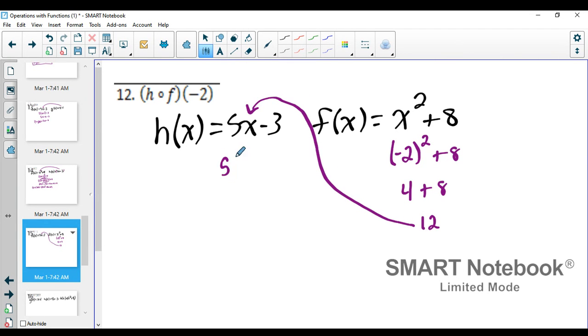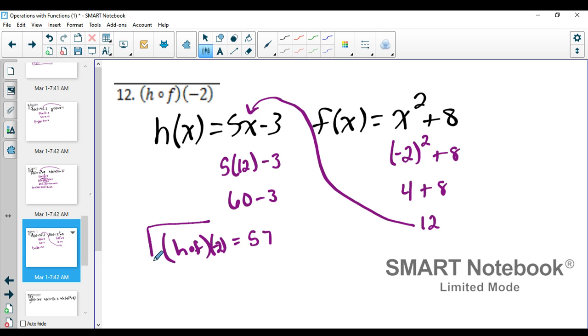So we have 5 times 12 minus 3. So 5 times 12 is 60. So we have 60 minus 3, which is 57. So h of f of negative 2 equals 57.